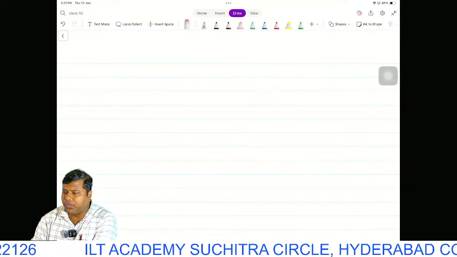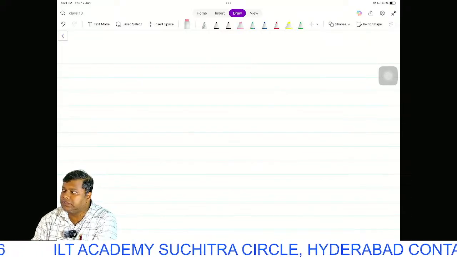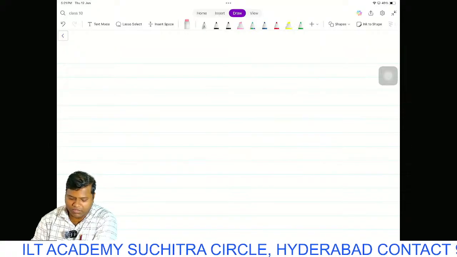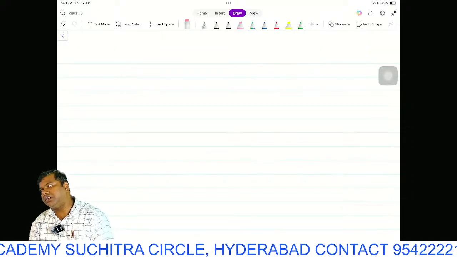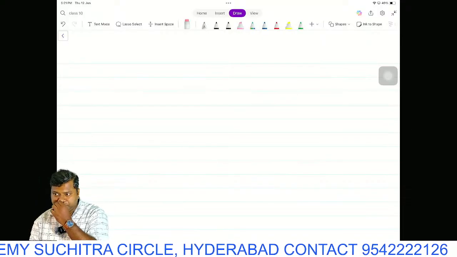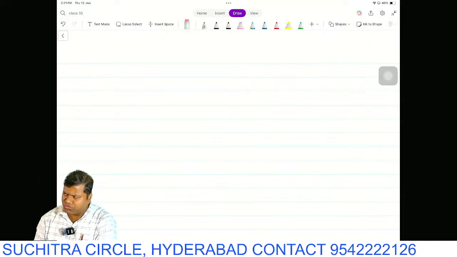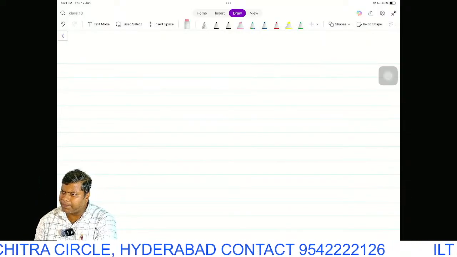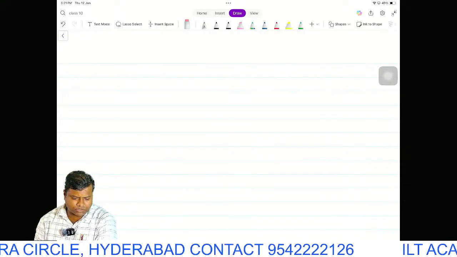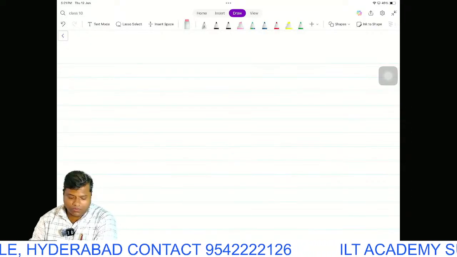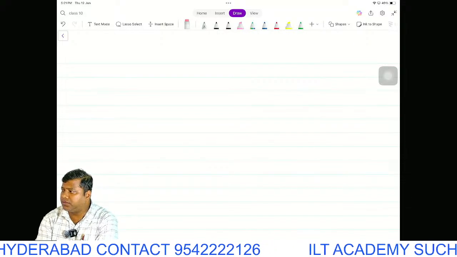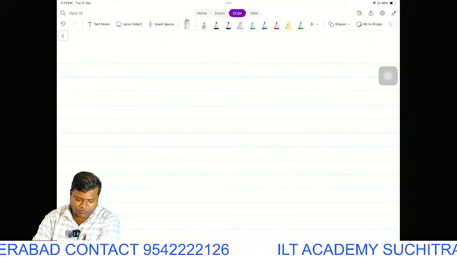Were you able to solve? We will discuss all the MCQs and 2 marker and 5 marker questions, right? MCQ you were able to solve? Section C. Okay, fine. First, what do you want to solve? The worksheet or homework? Homework.